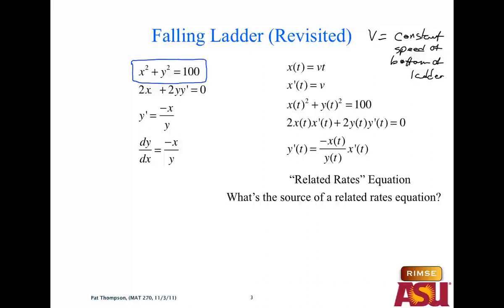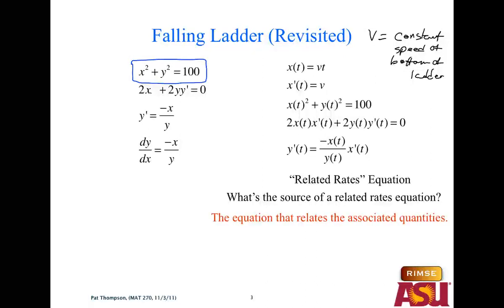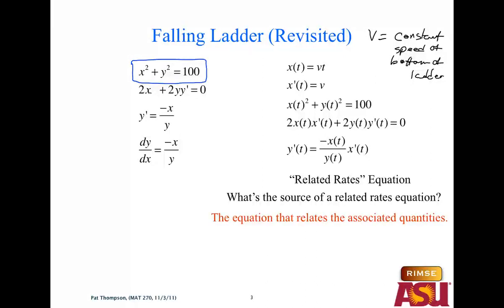So these are virtually the same. They're both just different forms of the related rate equation. Where does it come from? The third variable that you're adding. Okay. But so how did we get that equation? It's the same question I asked earlier. Yeah. How x and y change with respect to t, or the relationship. Yeah, it comes from the equation that relates the associated quantities, right?